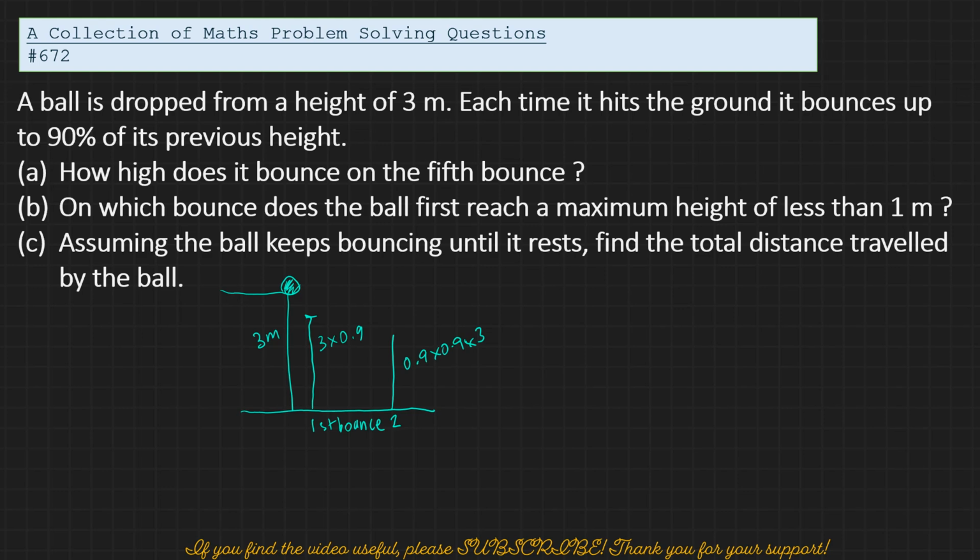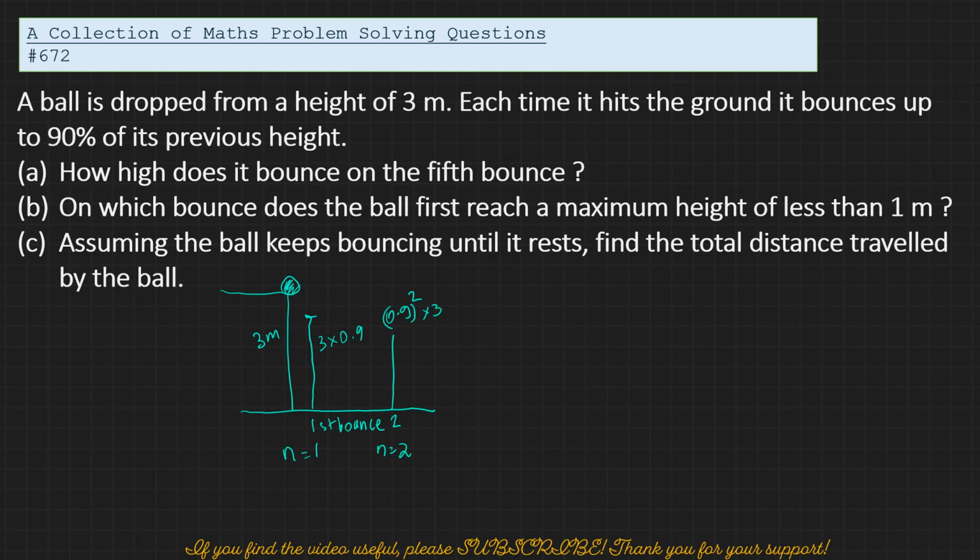So you see, we can use it as a sequence problem. So we can say that n is 1, and for n is 2 we can write it as 0.9 squared times 3.